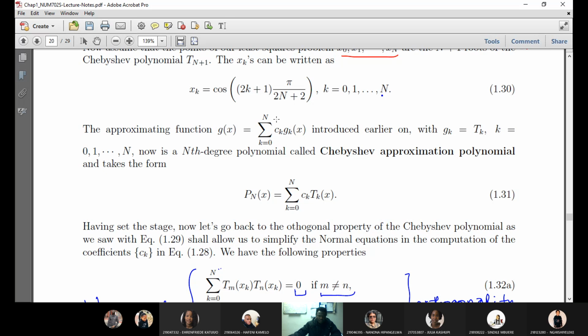So I repeat, this g(x), if you take gk equal to Tk, this is a polynomial of degree k.